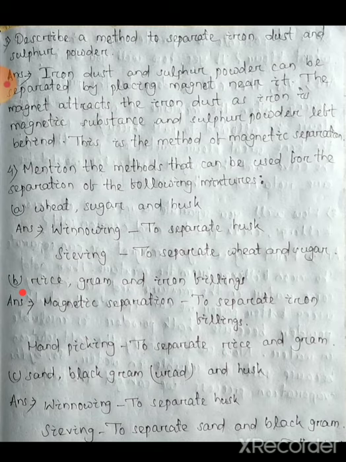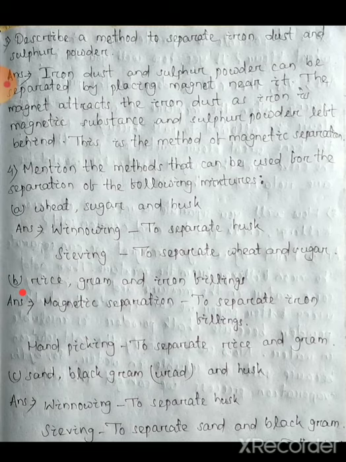By picking out the gram by hand, we can separate it from the rice. So magnetic separation and hand picking are the methods to separate rice, gram and iron filings from the mixture.